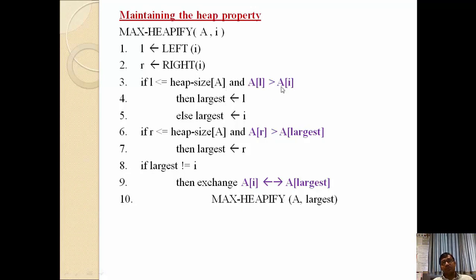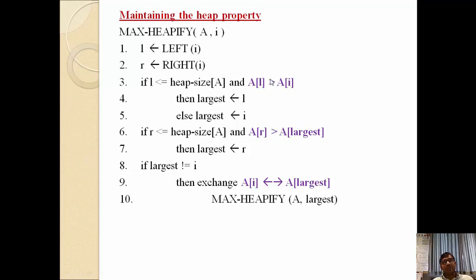And second, this is most important, the value of the left child must be greater than A of I, or you can say the parent node. If the value of L, or we can say the left child, is greater than the parent node, then we need to consider the left child as the largest, because out of these three nodes, parent node, left node and right node, we need to verify which one is largest.